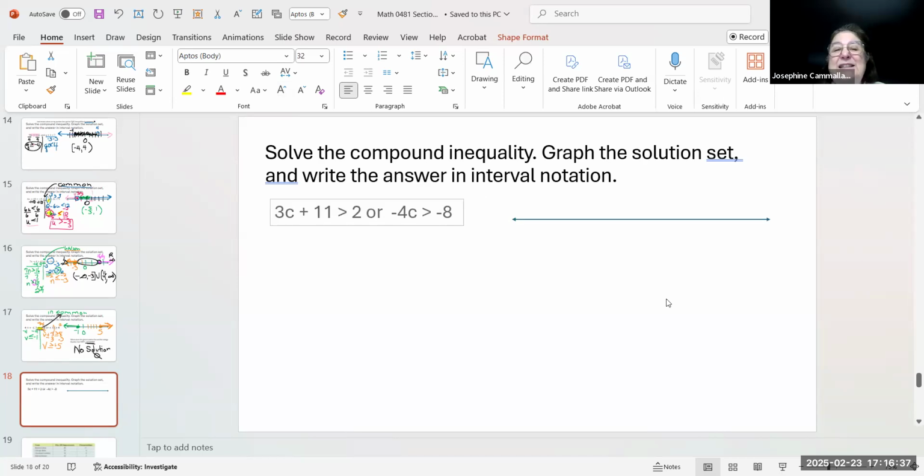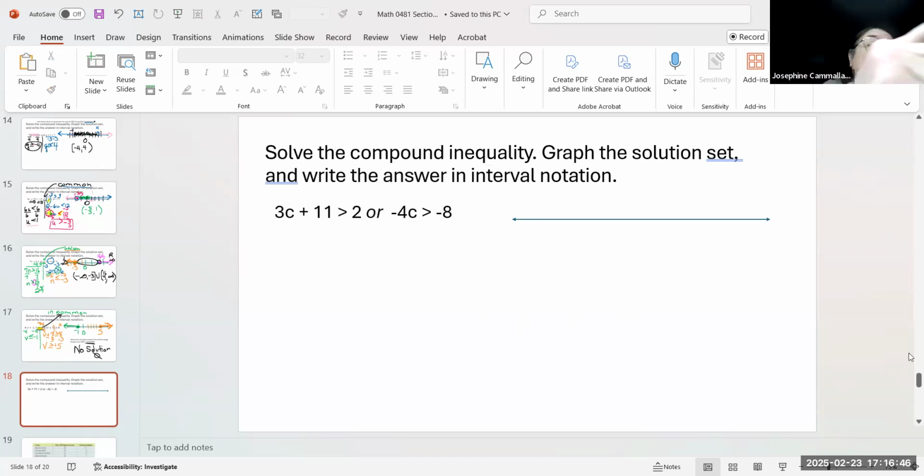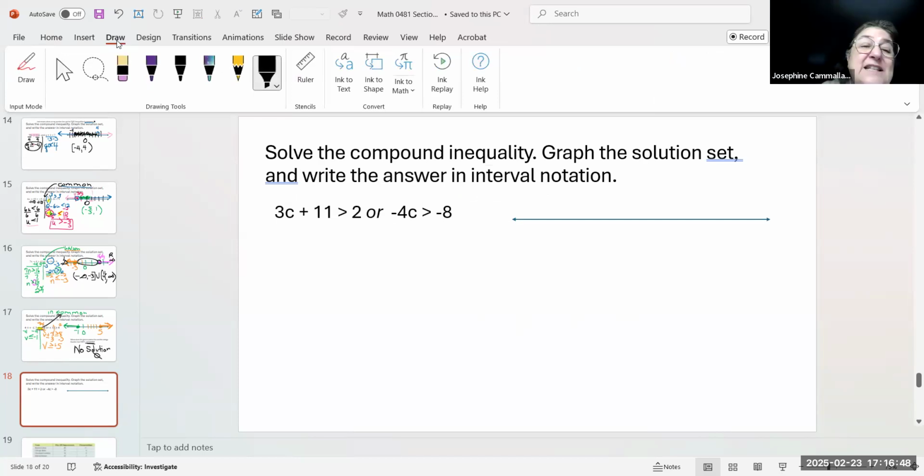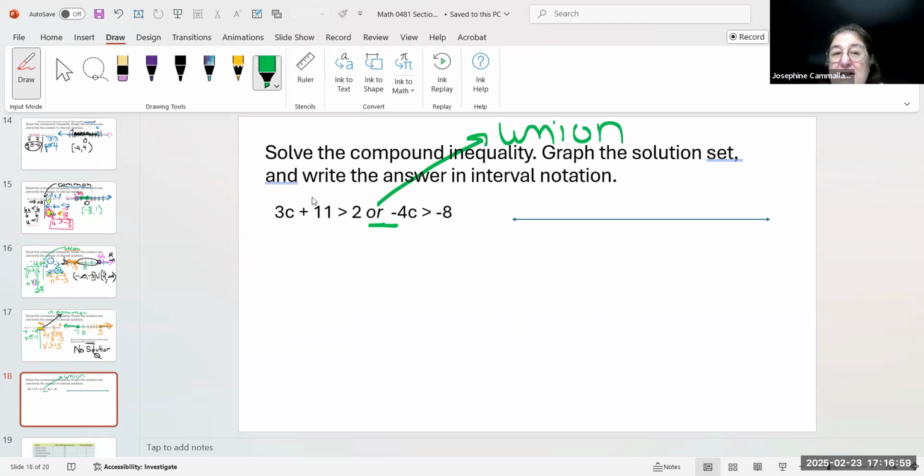Okay. Now, notice the word in the middle is or. Or represents the union.